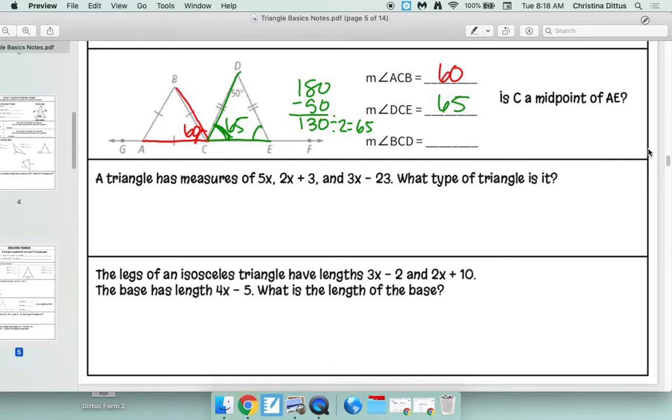Alright, and then how can I find BCD, this angle here? 180 minus 65 minus 60. Beautiful. We got a line here. Lines are 180, so all 3 of these. So 180 minus 65 minus 60, 85.